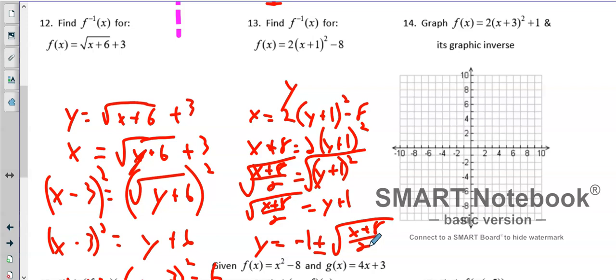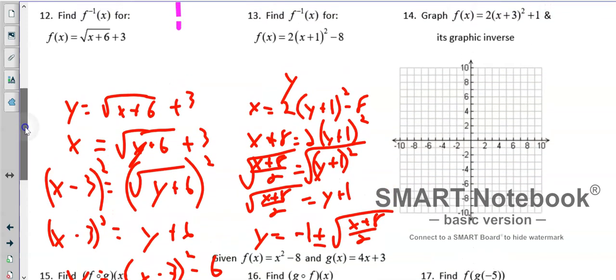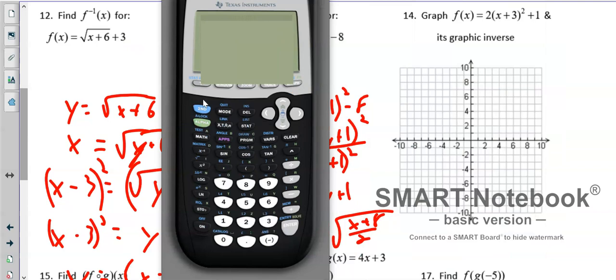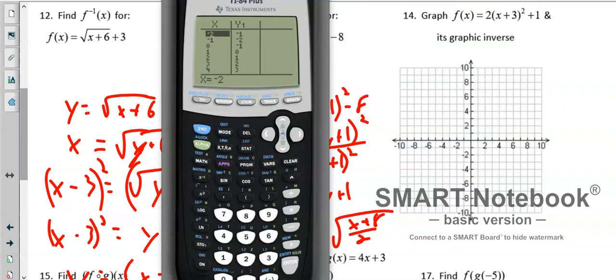Number 14. Graph this and its inverse. Okay, so we're going to graph this using our calculator. See if we can get the calculator to work. All right, so y equals, clear it out.